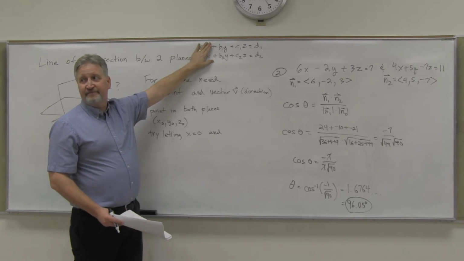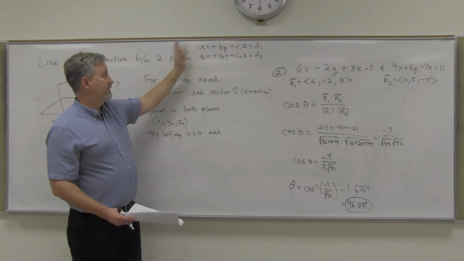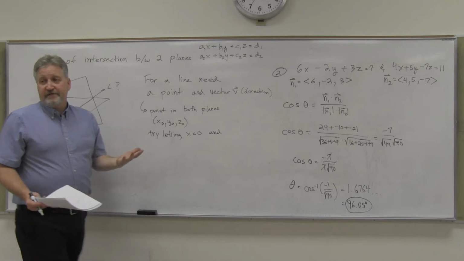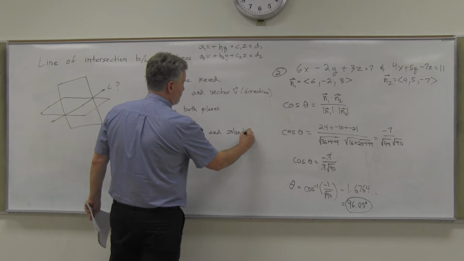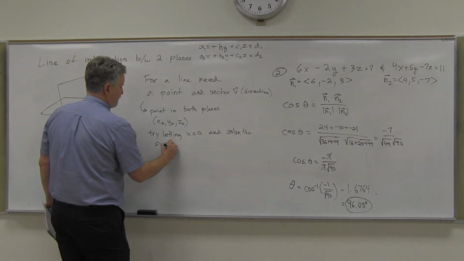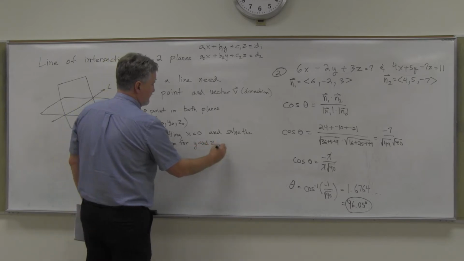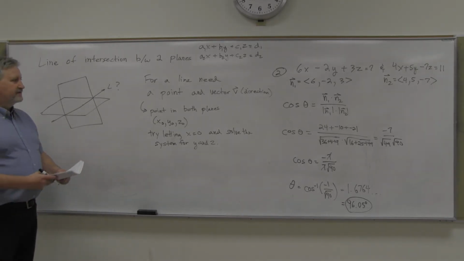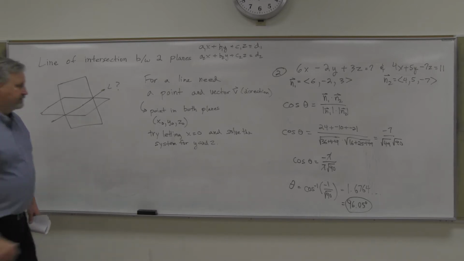A YZ system. Worst comes to worst, if x is 0 doesn't work, try x is 1 and you can move that over. It'll just be a number then, and you still have a system. So you're basically just solving a system. Try letting x equal 0 and solve the system for y and z. And if x is 0 gives you an unsolvable system or something's screwy about the system, use another value for x, okay?